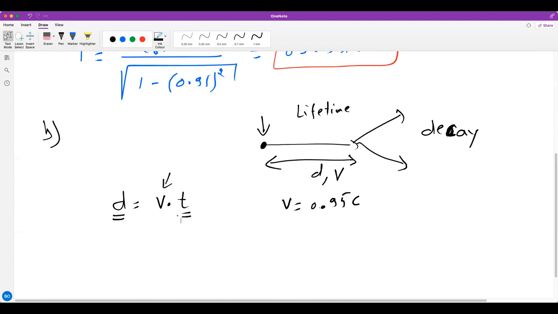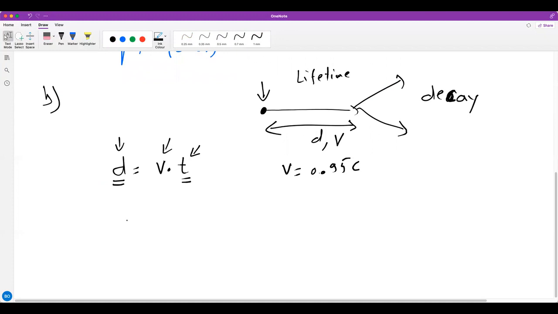Well, actually, the time that we should take is the time measured by the observer sitting in the laboratory, because we are talking about the distance in the laboratory, the speed with respect to the laboratory. So we need to take the time that was measured by the laboratory, not the lifetime that is measured in the reference frame of the particle.